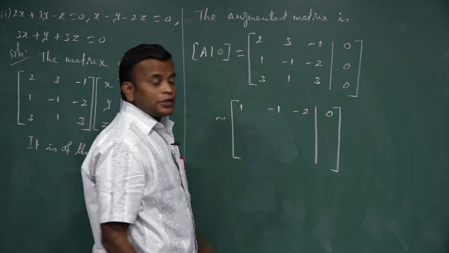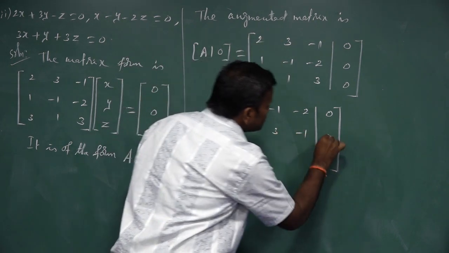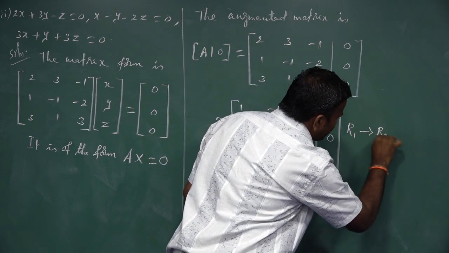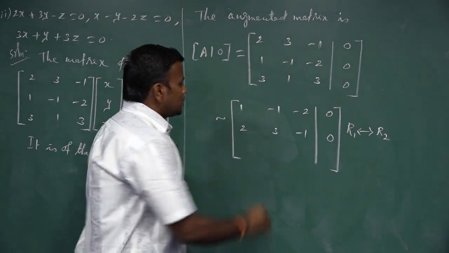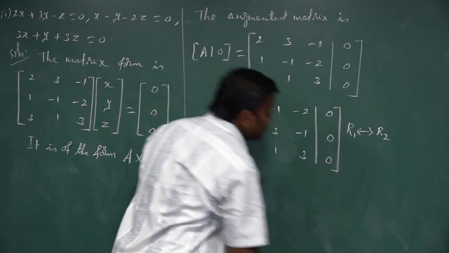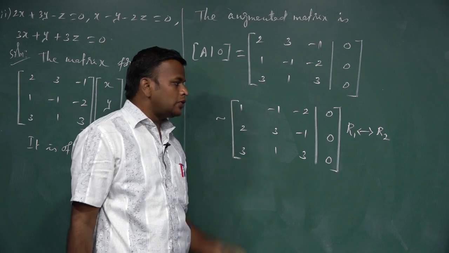And the first row becomes the second row: 2, 3, minus 1, 0. Next, the third row we write as 3, 1, 3, 0. For our convenience, we interchange R1 and R2.